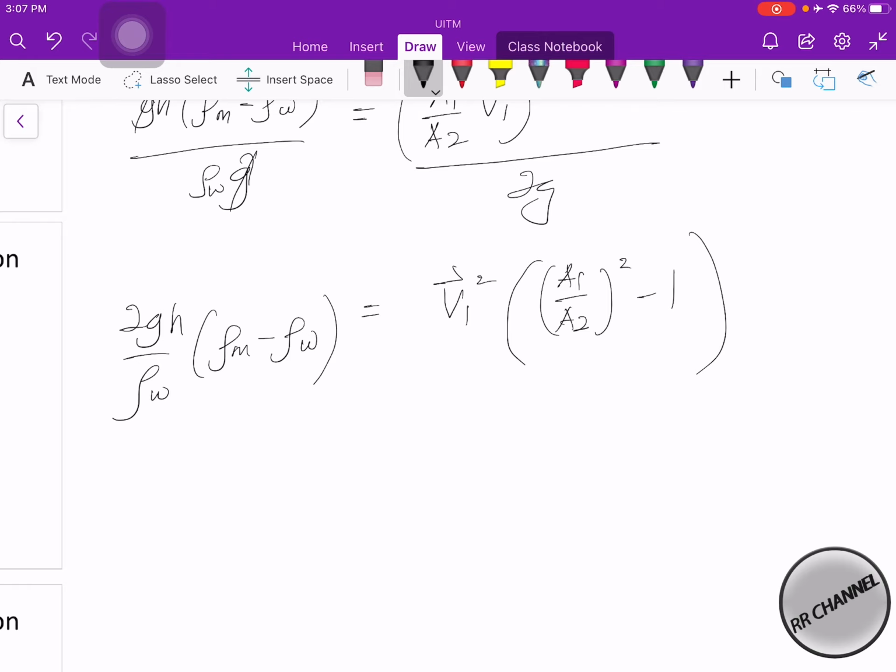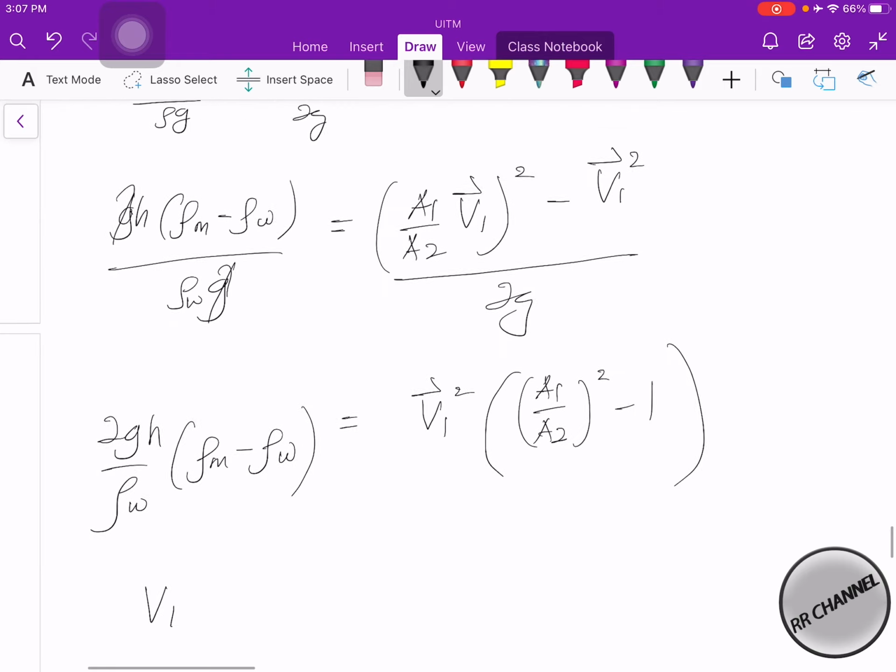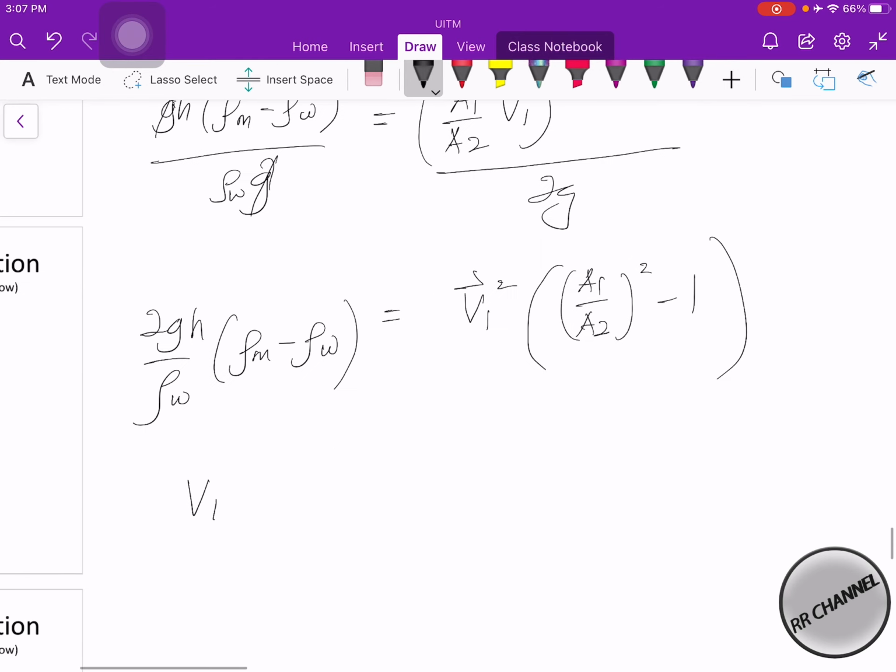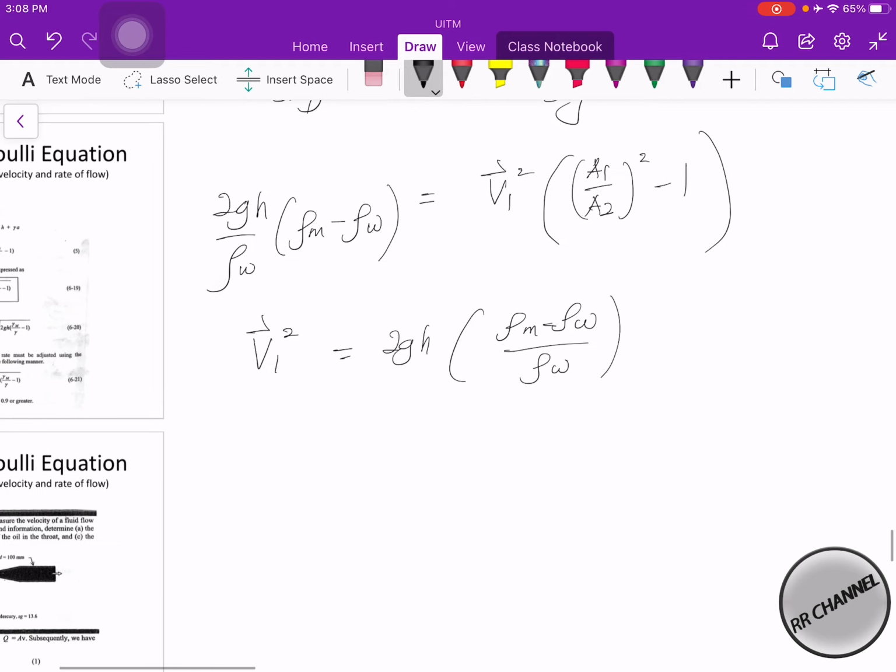So what is V1? V1 square equals 2g h over rho W times rho M minus rho water, divided by A1 over A2 square minus 1.